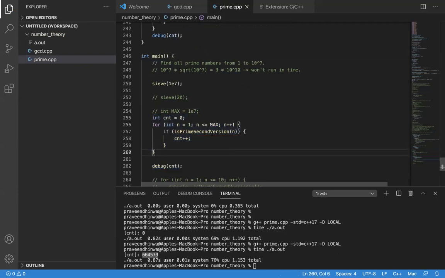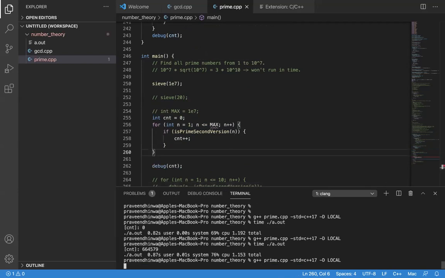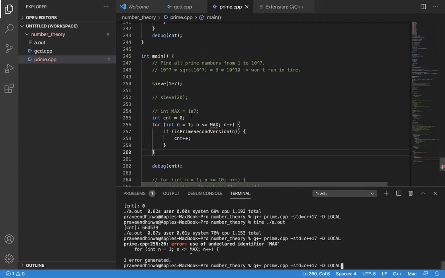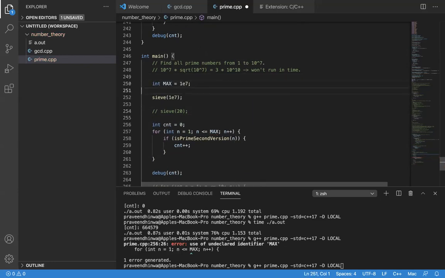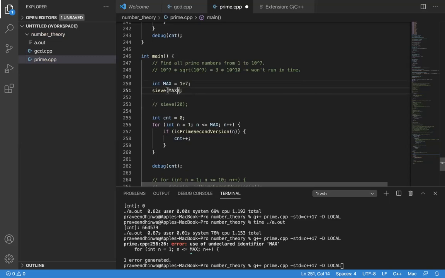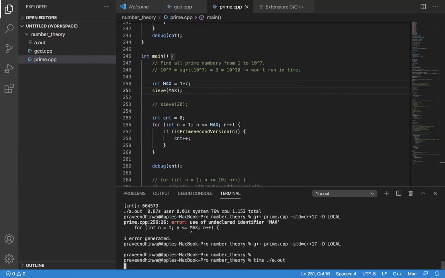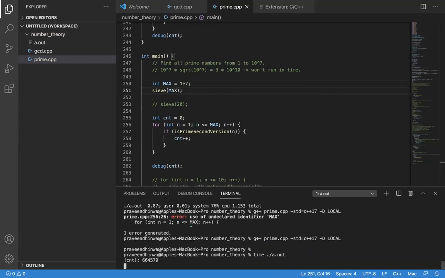So this is our other function. Let's say max is equal to 10 power 7.